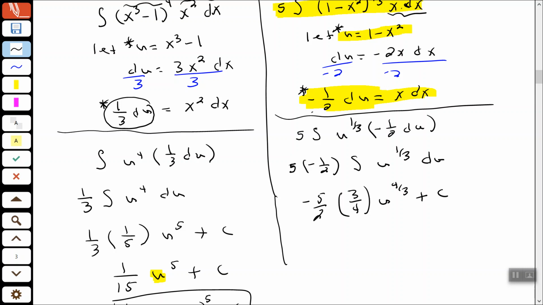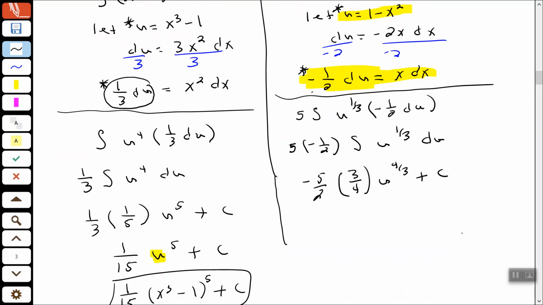So we have negative 5/2 times 3/4 times u to the 4/3 plus c after we integrate. Okay, so let's clean this up and write this back in terms of x. So now we have negative 15/8 times, and u was equal to 1 minus x squared, so 1 minus x squared raised to the 4/3 plus c.